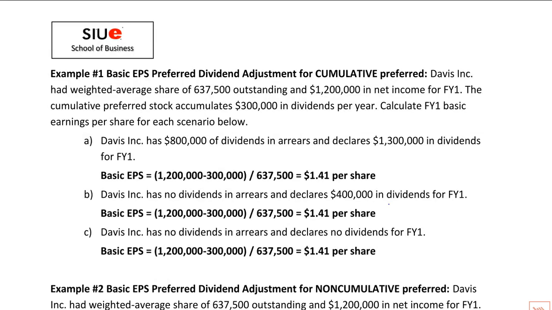Alright, in this example one I have an ABC, and the reason I did this is this preferred dividend adjustment. It really isn't that complicated, but I think many students overlook it, and this simple issue of cumulative versus non-cumulative in EPS can result in a lot of wrong answers. So let's do these.